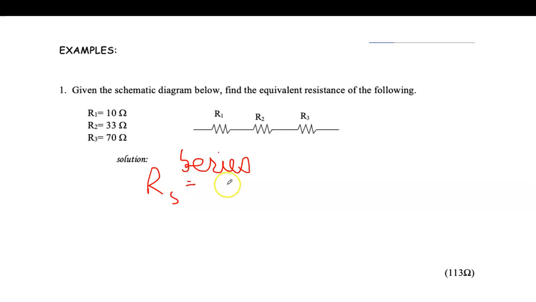I'm going to skip trying to write out the generic equation right now because, as you can see, this is not the easiest thing I have ever done. So it's 10 plus 33 plus 70. 33 plus 70 would be 103, plus 10 is equal to 113. And the units are ohms, okay? And that matches our answer right here, so we know we're good, all right?